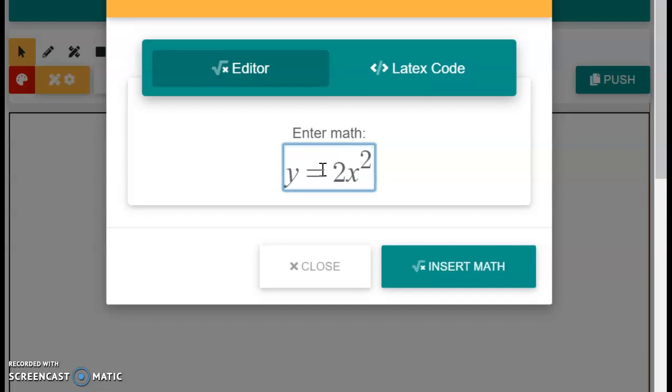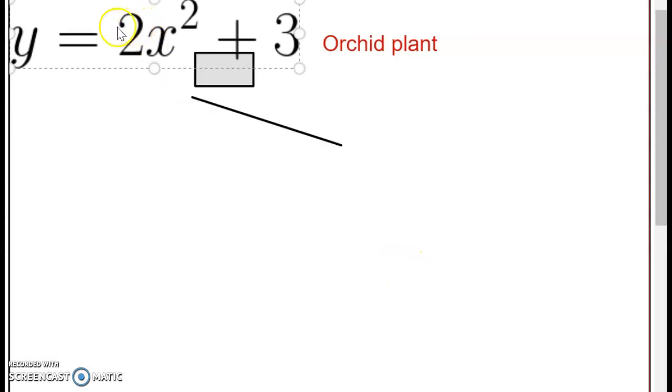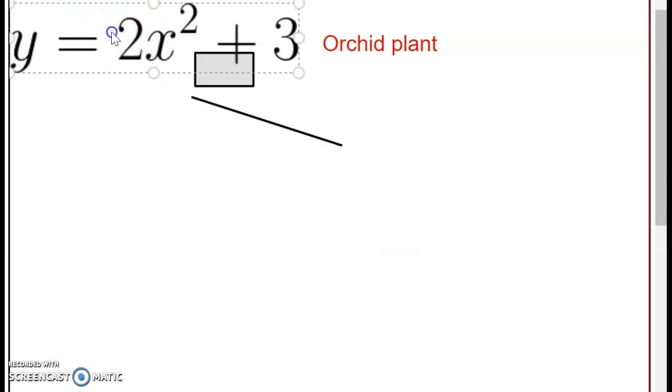To get out of the exponent, I type the right arrow, and that will get you out of the exponent mode, and then plus 3. This gives you a lot of math functionality. Then it will give me that, and I get to move that.